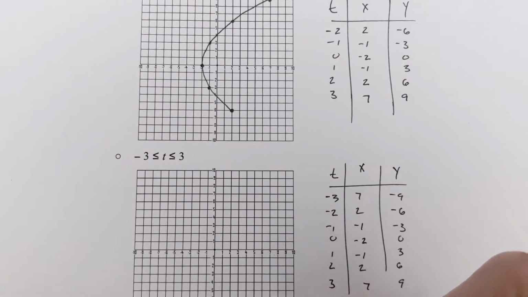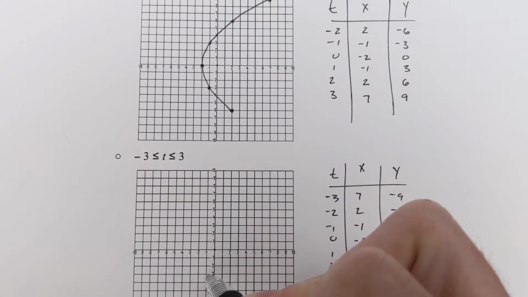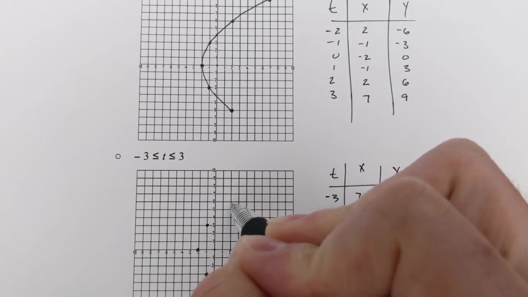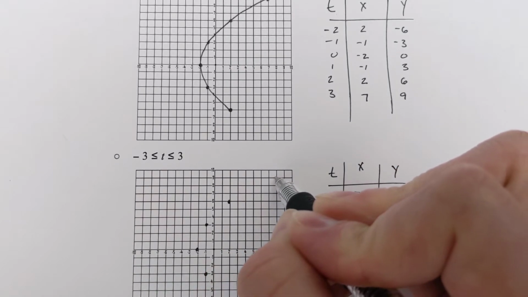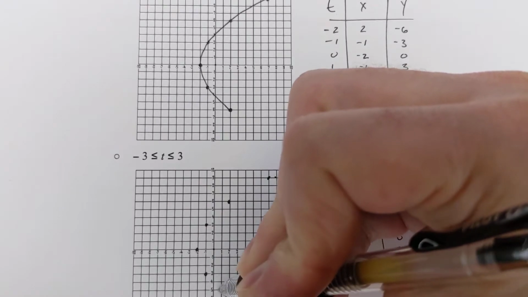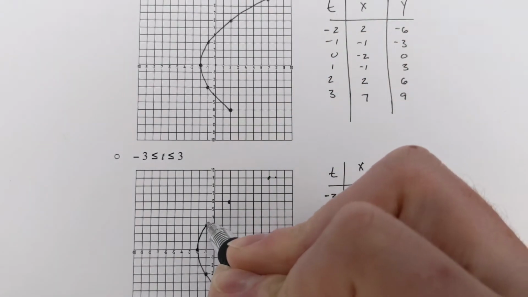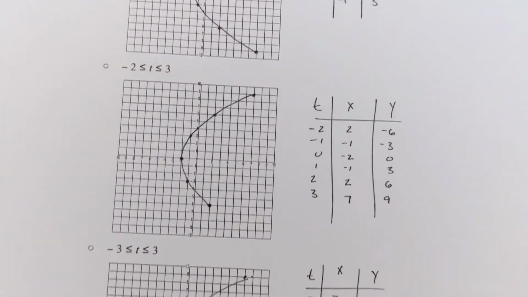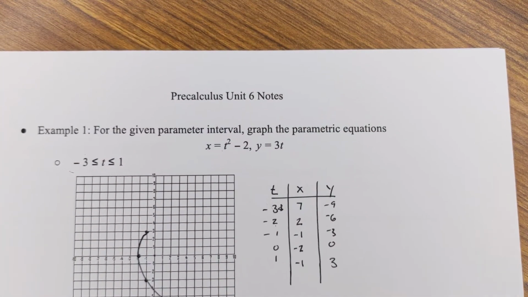So 7, -9, 2, -6, -1, -3, -2, 0, 2, 6, and there. So if you look at the curves, this final one is just the combination of the previous two. They graph different chunks of it.